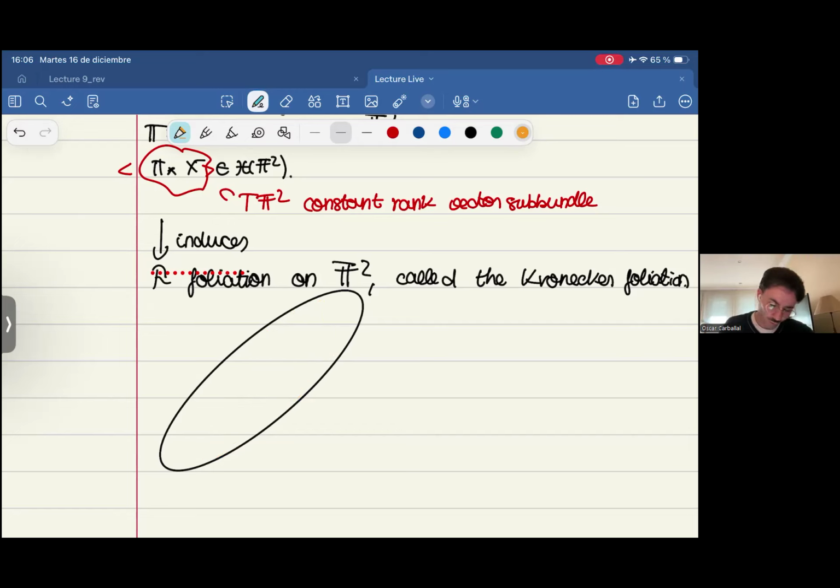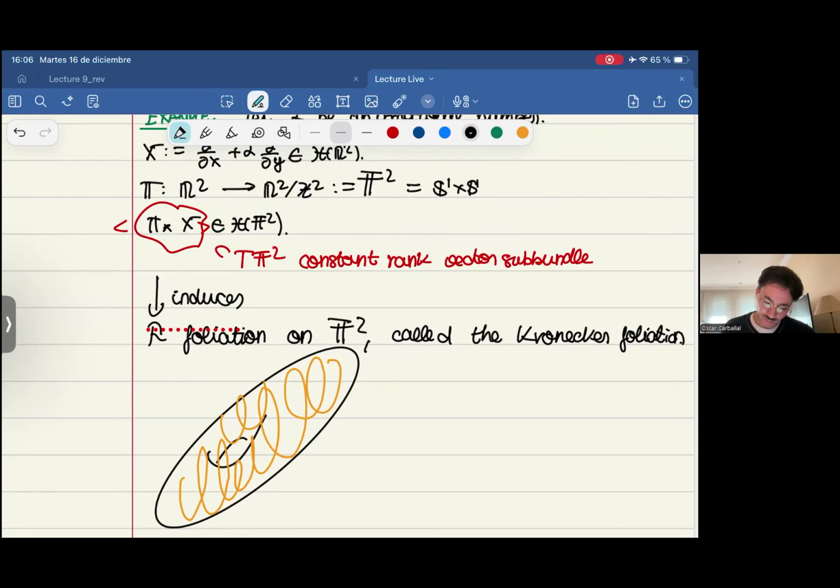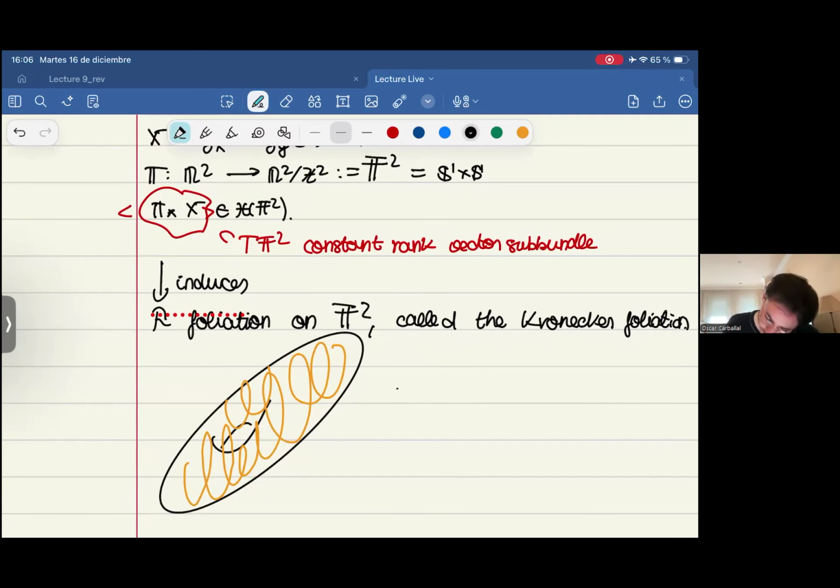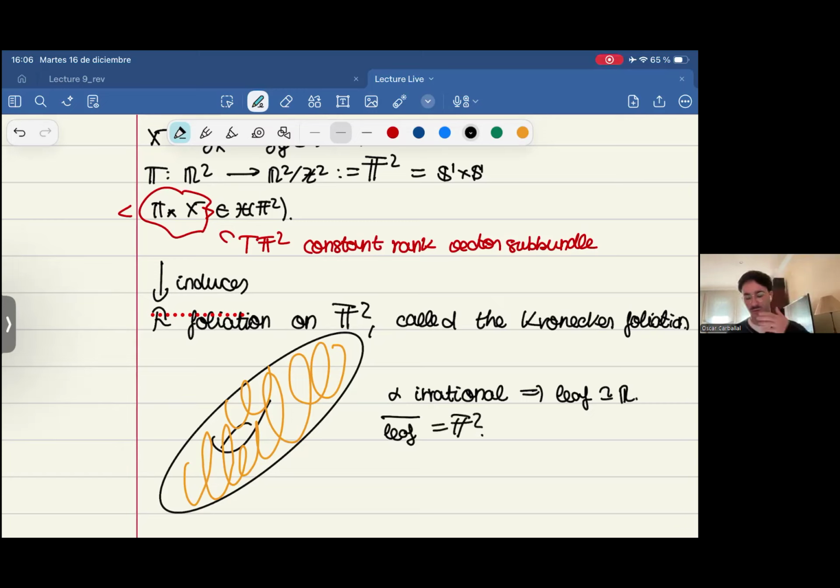And the point is, since our parameter alpha is an irrational number, every leaf is diffeomorphic to the real line, but every leaf is dense in the torus.